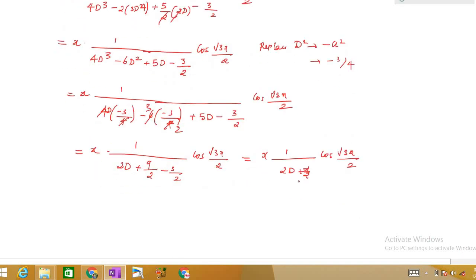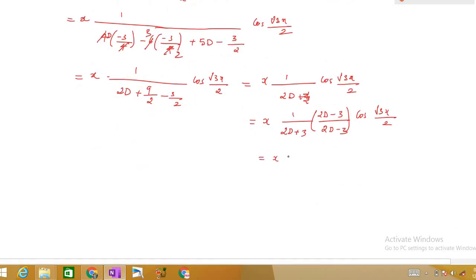Now we can easily do this, right? Because this comes under type 2 subcase 2. So here we want to take the conjugate. The conjugate is 2D minus 3, so 2D minus 3 divided by 2D minus 3 into cos root 3x by 2. Now I can write this as x into 2D minus 3 cos root 3x by 2 divided by, so I can write this as a plus b, a minus b, 4D square minus 9.